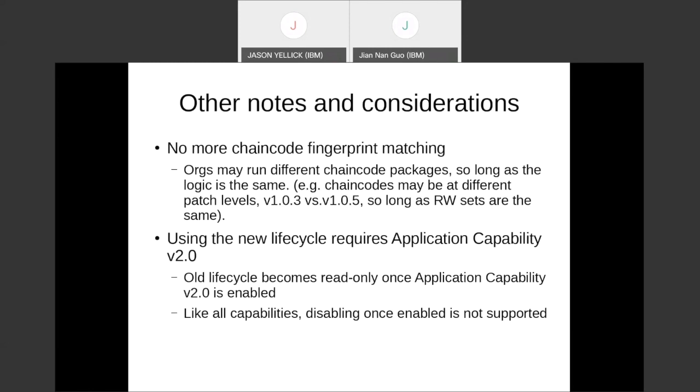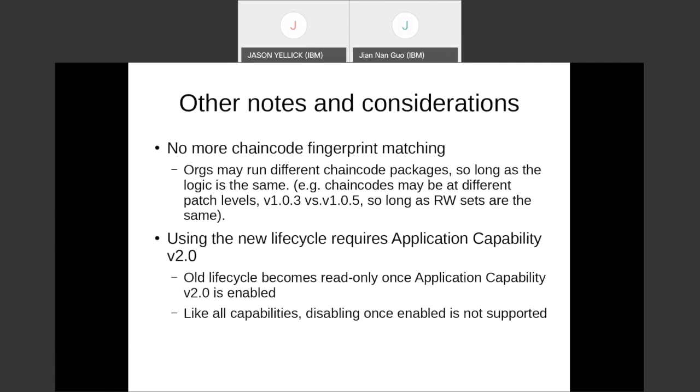That might work, but like all capabilities, once you enable a capability, disabling it is not supported. It's simply nothing that's tested, and things could go wrong in odd ways.